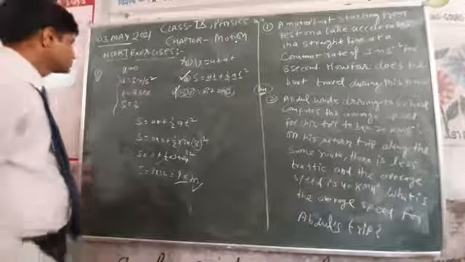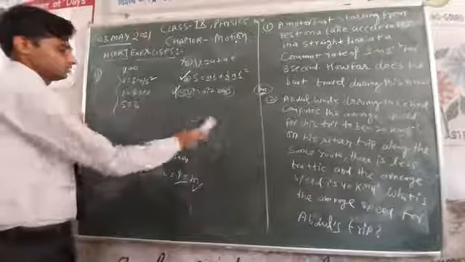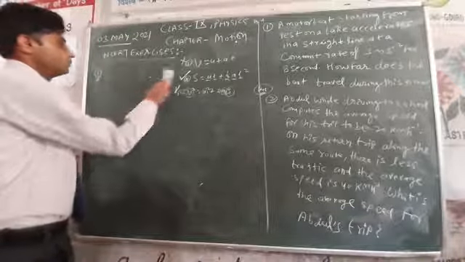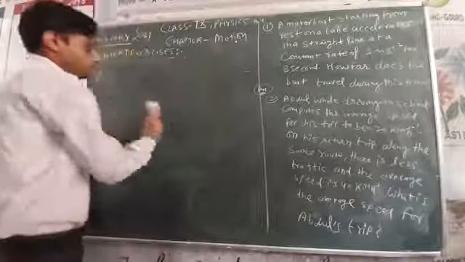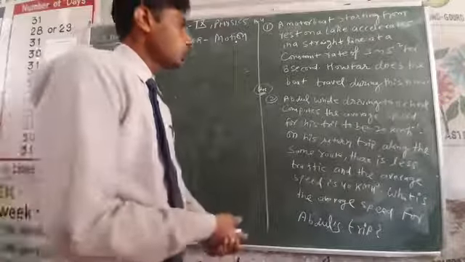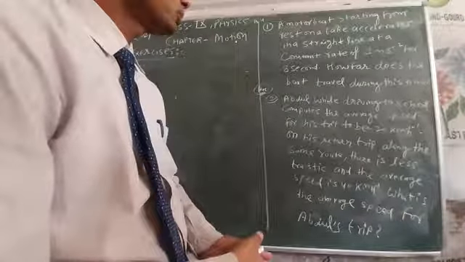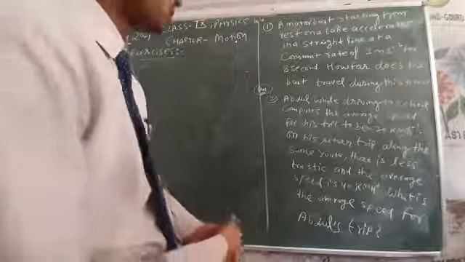Now I am going to discuss the second question. In the second question, Abdul, while driving to school, computes the average speed for his trip to be 20 km per hour.